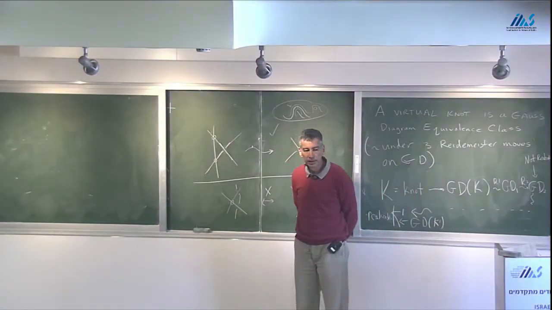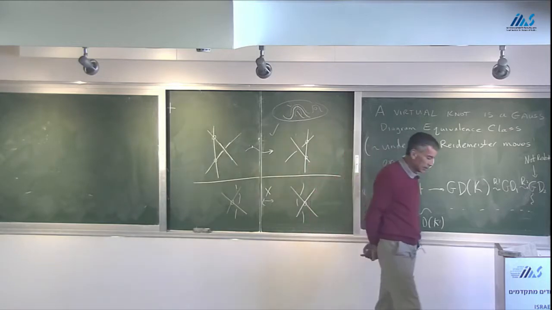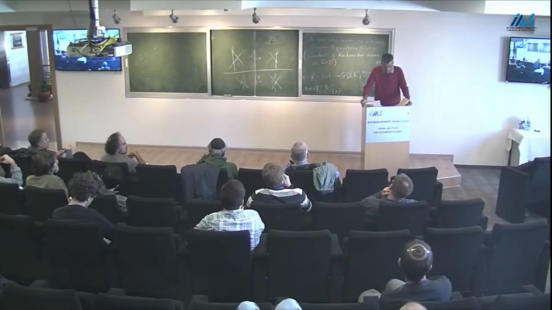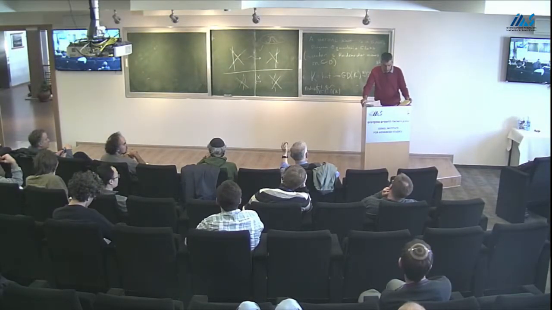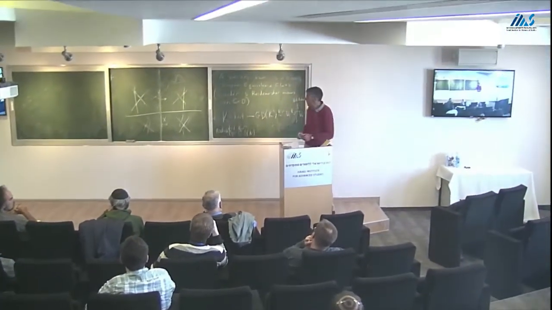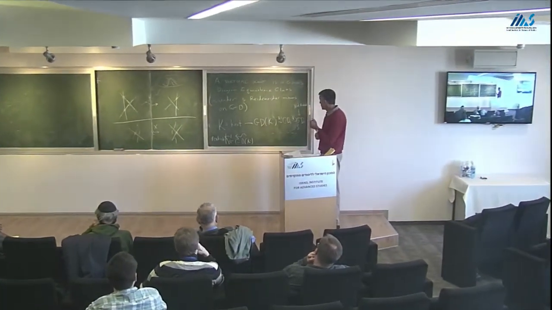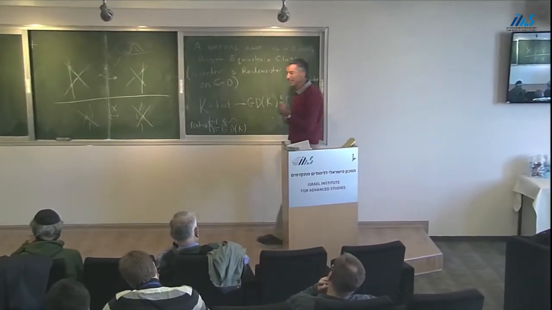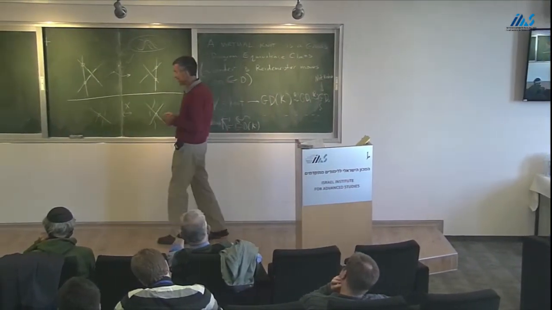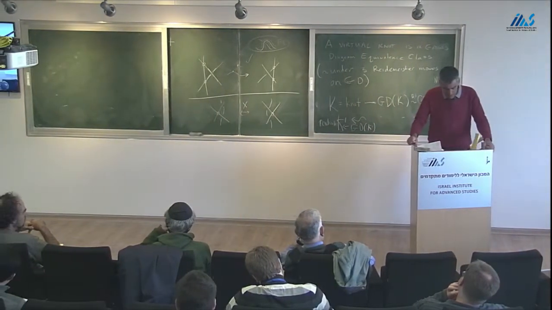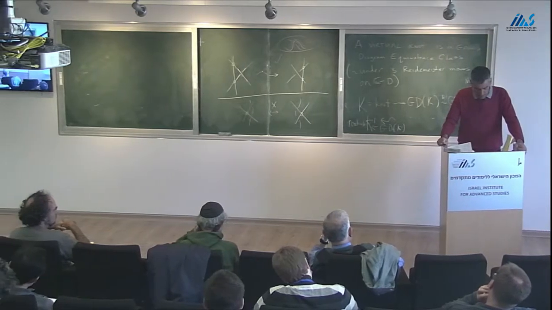Is there any new invariant of virtual knots that gives a new invariant for knots? Right. So any invariant of knots will give an invariant of virtual knots. Or is it the other way around? One way is true. But are there new ones?